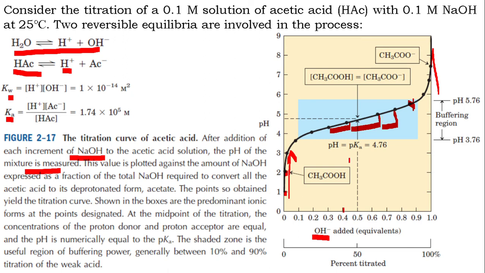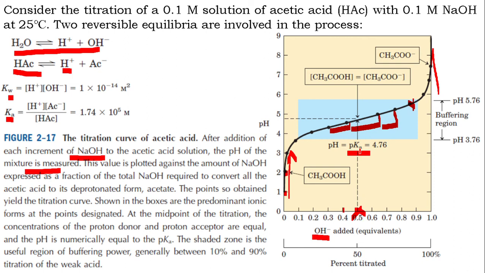And what is pKa? pKa is the midpoint of the titration curve. Here 0 to 1 is the range of addition of the alkali, and the half point is 50%. We can say when we added this much of the base, the acid present is 50% titrated, or half titrated.